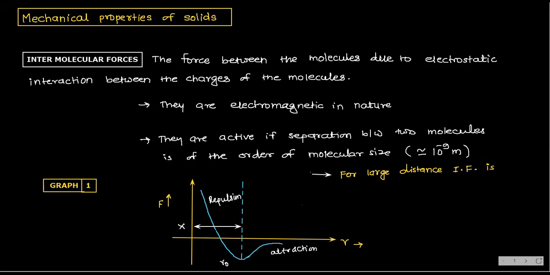It is negligible because it is coming in the negative region, and it is very small also. On the y-axis, you see the force is very small, although it is negative. Next, you see distance: if it is small, the force is more.